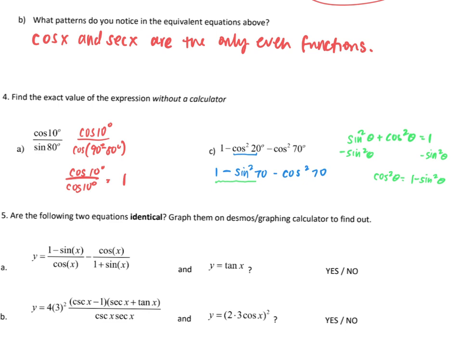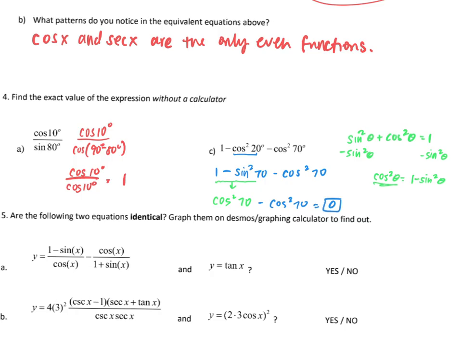So 1 minus sine squared theta, I can just replace with cosine squared theta. So I'm going to take this 1 minus sine squared 70 and replace it with cosine squared 70. And then copy this down, cosine squared 70. But now it's just like I have cosine squared 70 minus itself, which equals 0.